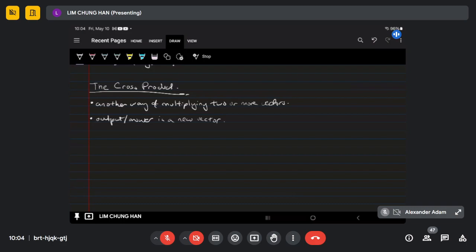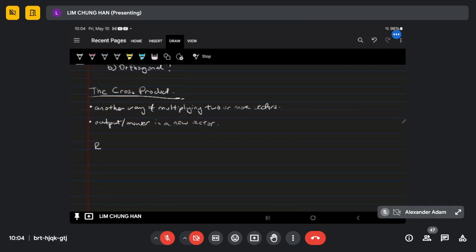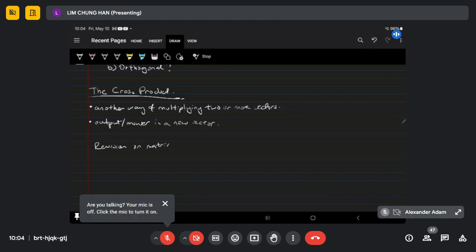To do cross product, we need to know matrices. I think you have done matrices before, but I will do a very quick revision with you. You still remember your matrices?